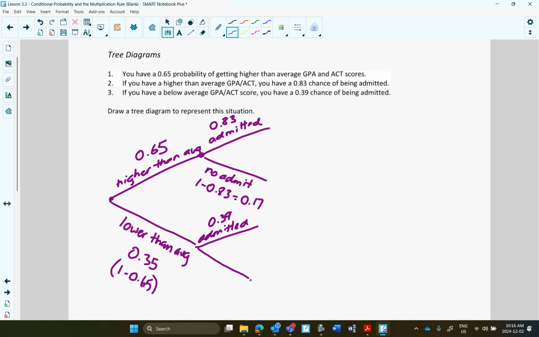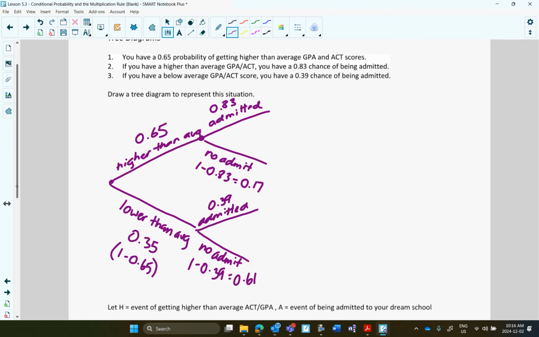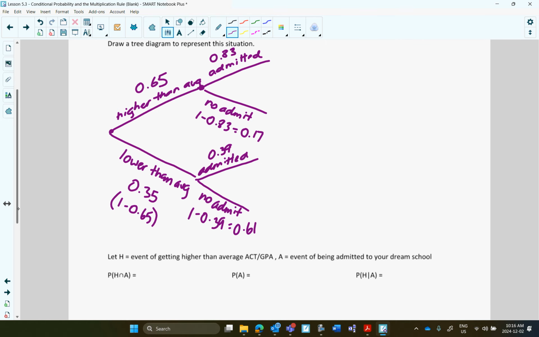Which means the chance of not getting admitted is going to be 1 minus 0.39, which gives me 0.61. Okay.